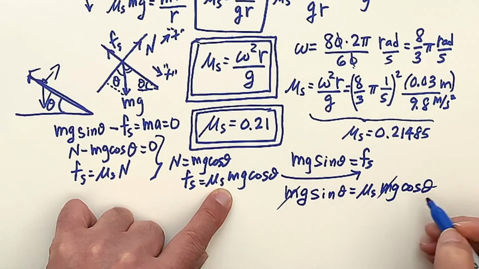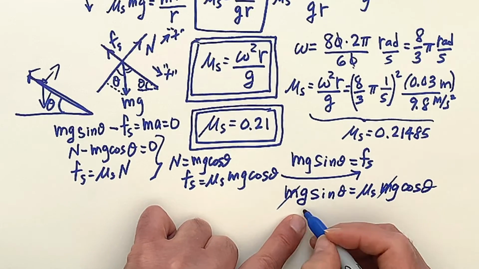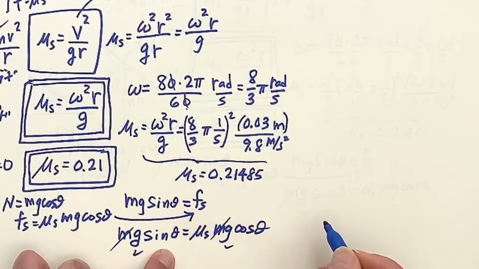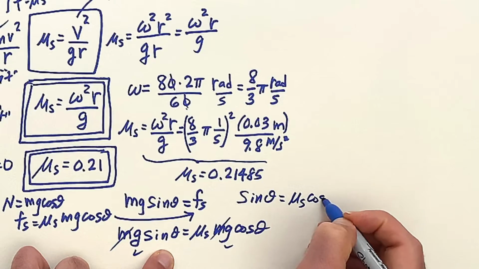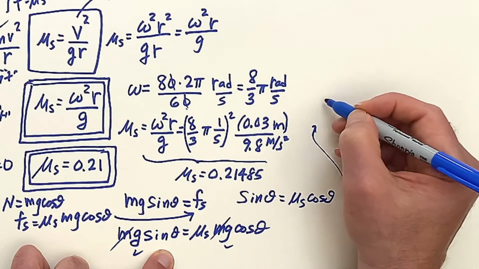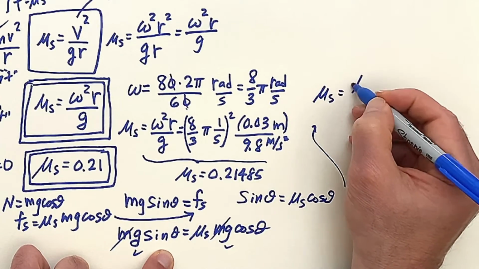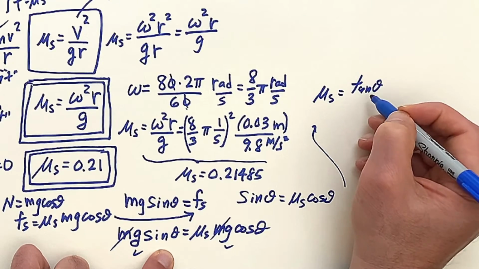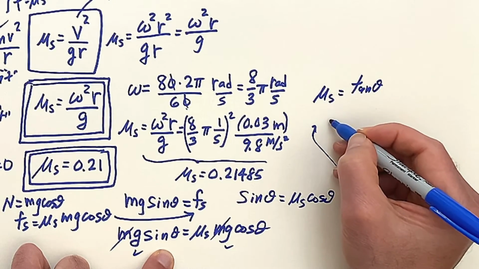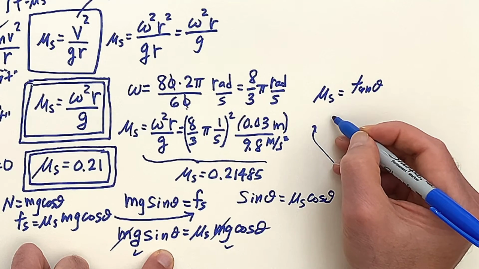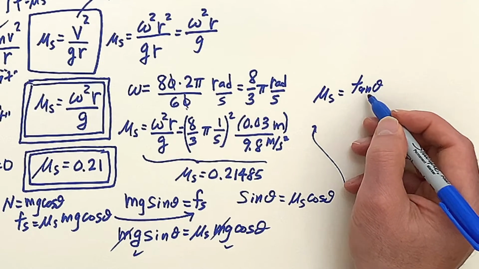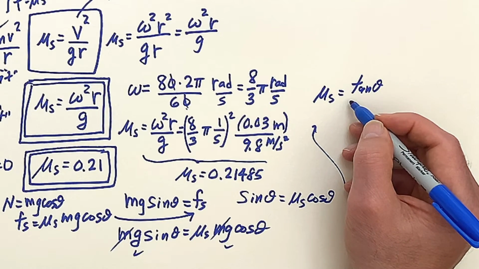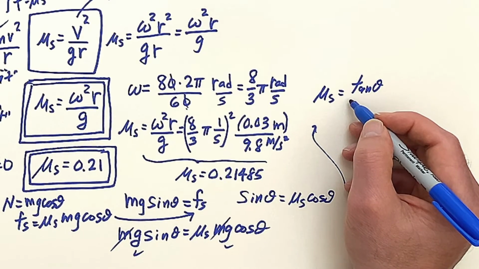So the masses go. And here also the g's go. So you get sine of theta is mu s cosine of theta. And that gets us mu s is the tangent of theta. And if you then measure that angle, you can then get that result. Now, the question here was find the angle.